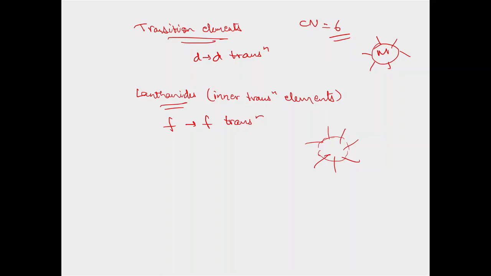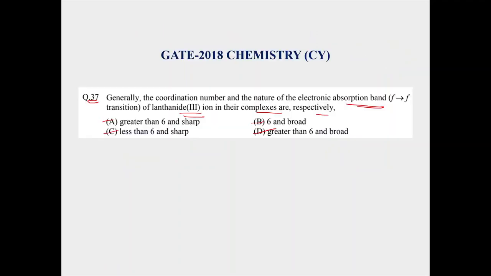For example, this is one cerium complex, and there are complexes in which lanthanides have a coordination number of 12 as well. Because of their larger size, they can have a coordination number of more than 6. So we can eliminate two options: less than 6 is not correct, and 6 and broad is also not correct.